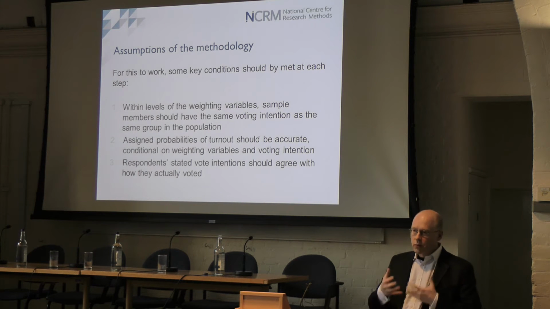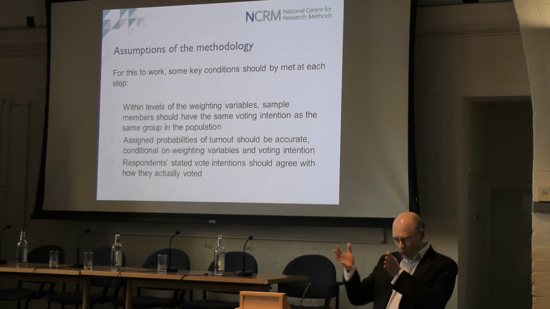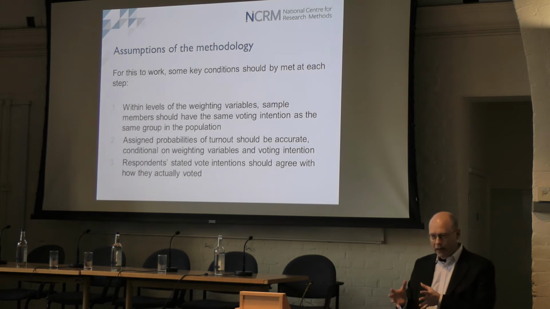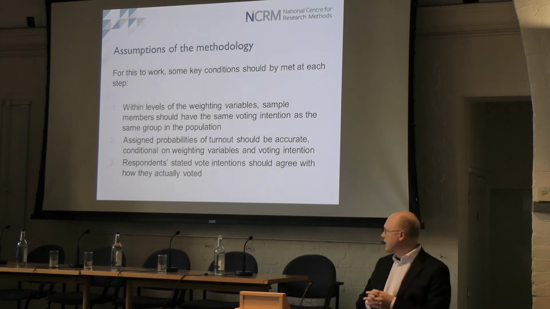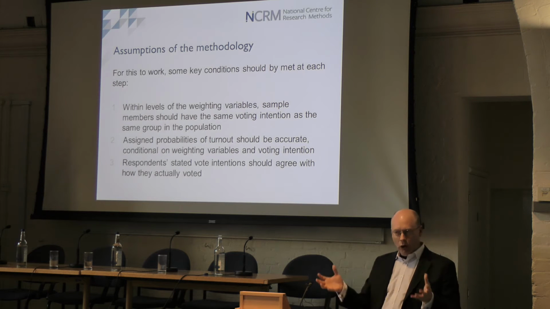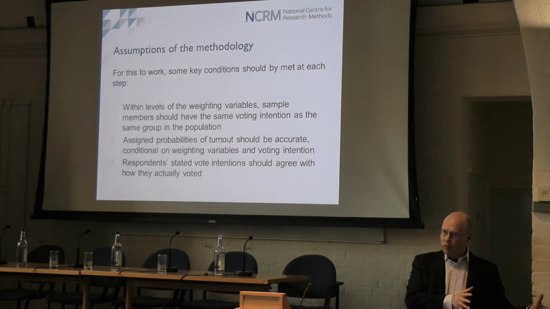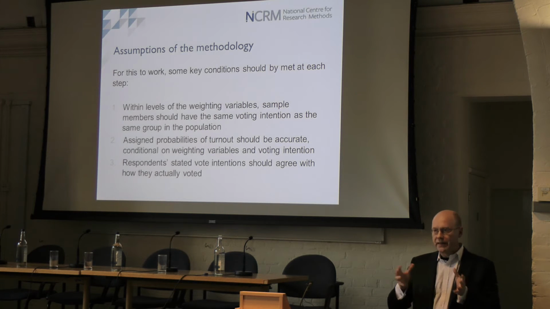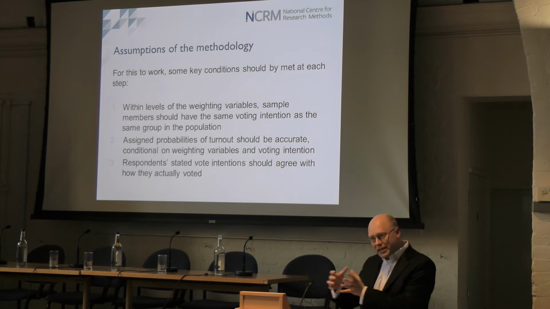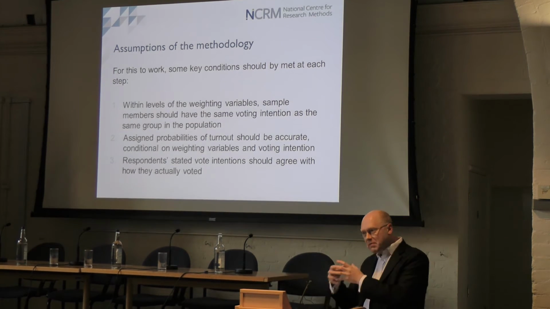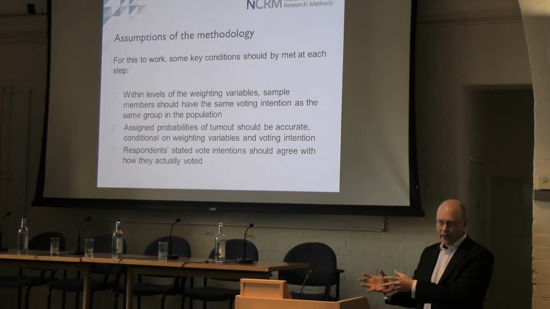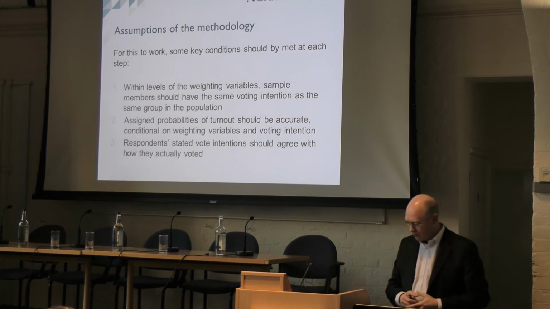Just to talk this through again, let me take that one age group of 65 and over. This assumption for that cell is basically that those 65 and overs in your sample are similar to 65 and overs in the general population in their voting intention, that you don't have a systematically different set of people in that group than you do in the population.